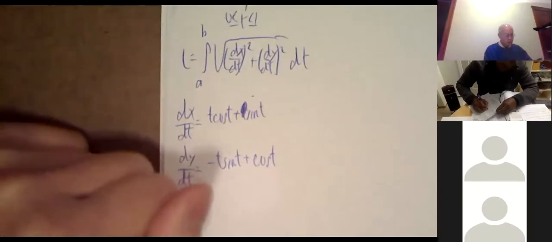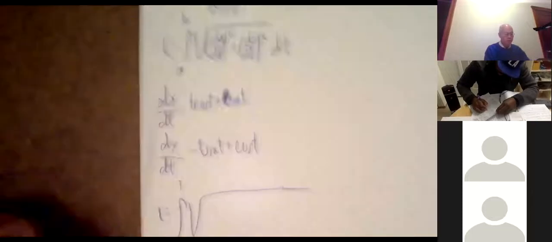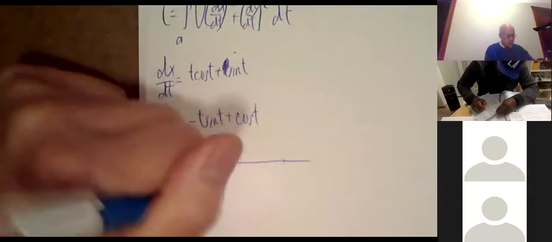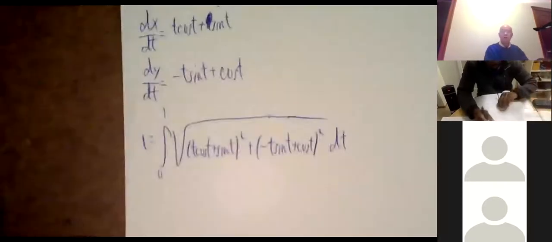So the arc length is the integral from 0 to 1 of the square root of (t cosine t plus sine t) squared plus (negative t sine t plus cosine t) squared dt.